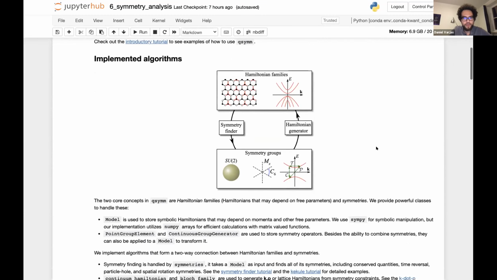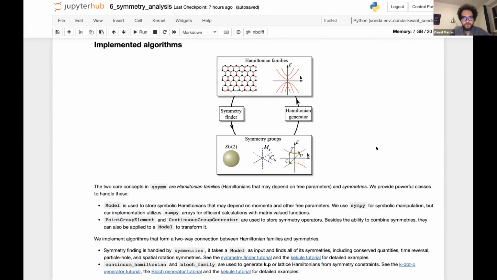So what does QSymm do? We very often face the problem that we want to know about the symmetries of the systems that we are investigating.